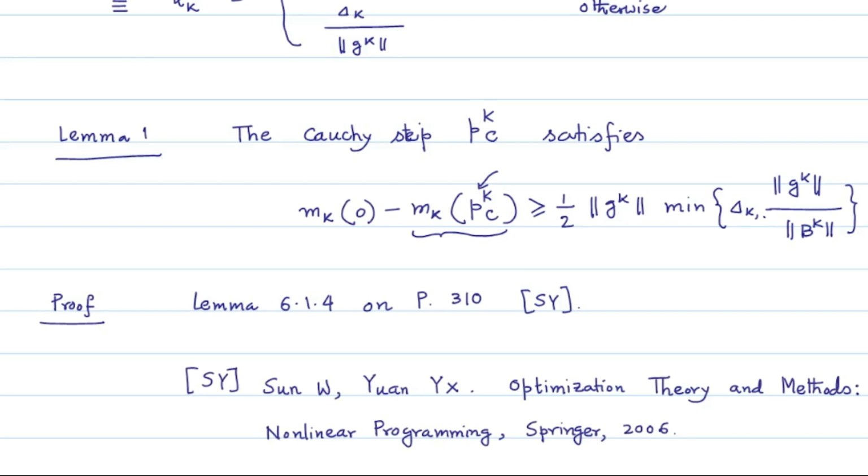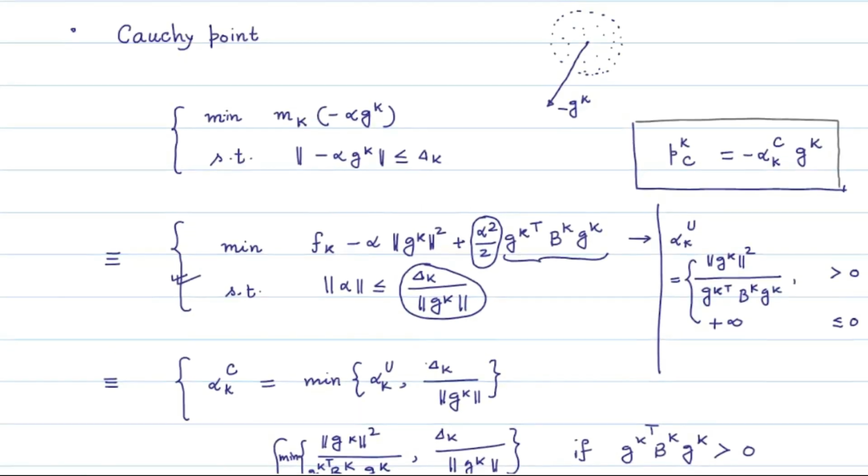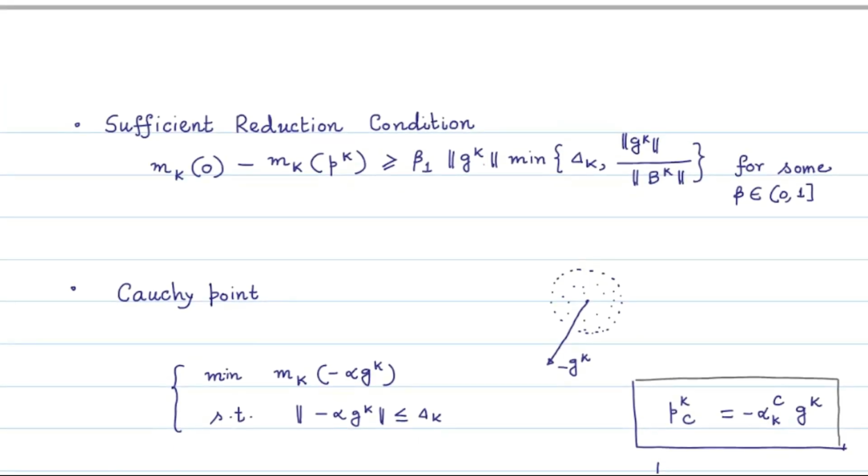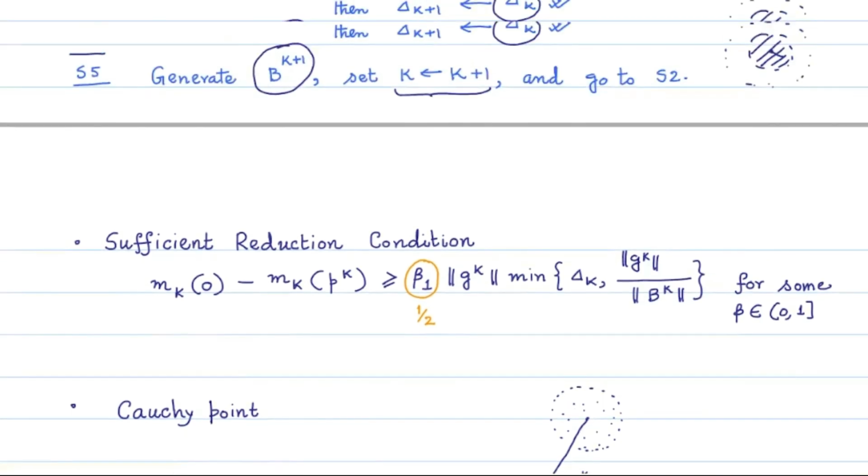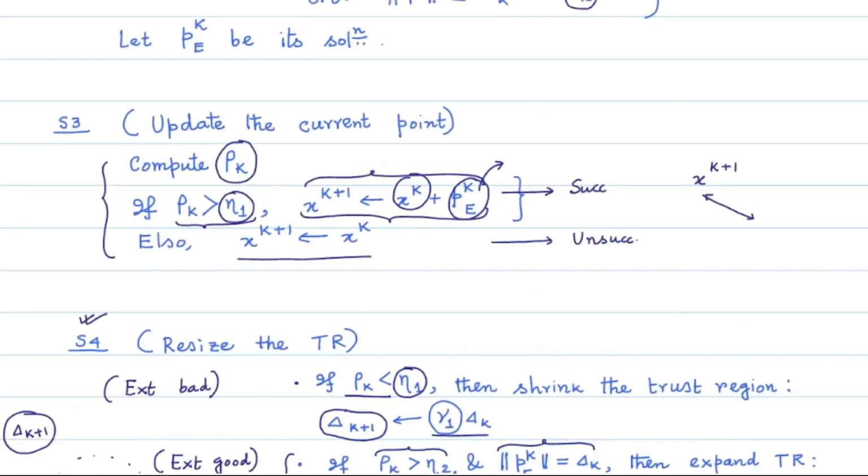Then the lemma is a great result, that we have found a point inside the trust region, this point p_k^C, such that at this p_k^C the condition of sufficient reduction holds for the beta 1 value equal to half. That's great. Then we can just take p_k^C as a trust region step.